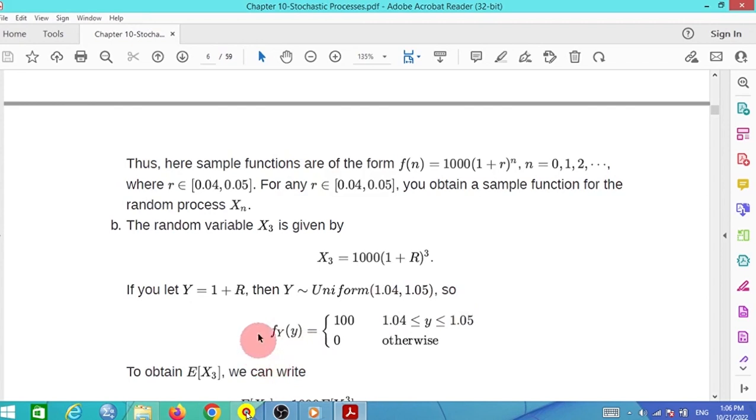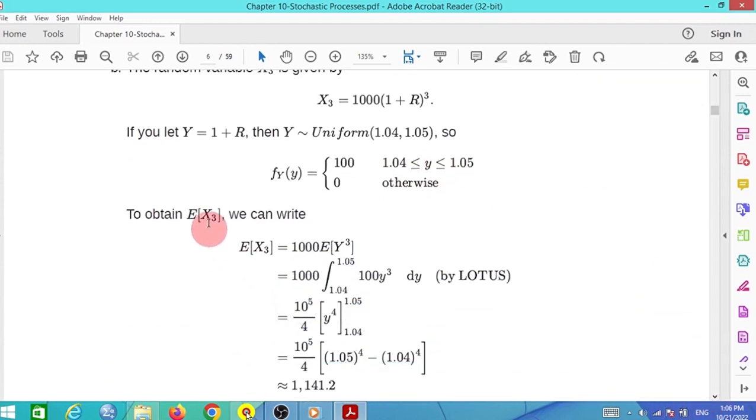So f of Y, this is not this, okay? This is only 1 plus r. This is the density function. The density function for a uniform distribution is 1 over the difference, the end of the interval minus the first point of the interval.